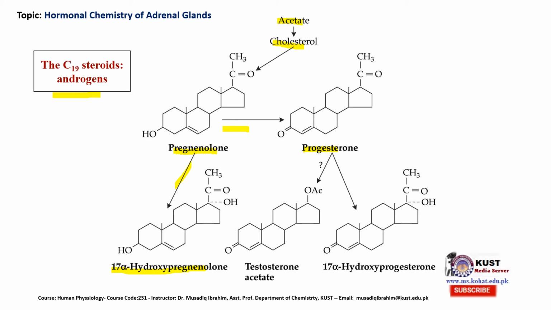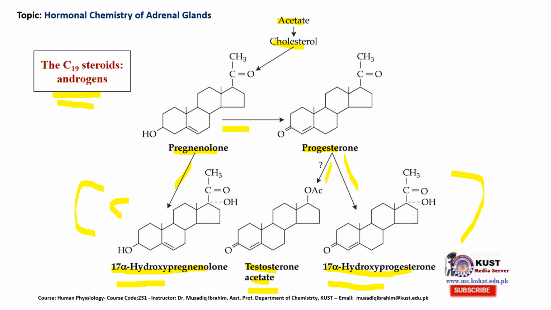Now the progesterone can either be converted into testosterone acetate or into 17-alpha hydroxyprogesterone. If you count the number at this stage, these steroid hormones have 21 carbon atoms at the moment, while here we are saying the C19 steroid androgens. So these are the pro-hormones, like 17-alpha hydroxypregnenolone, testosterone acetate, and 17-alpha hydroxyprogesterone.